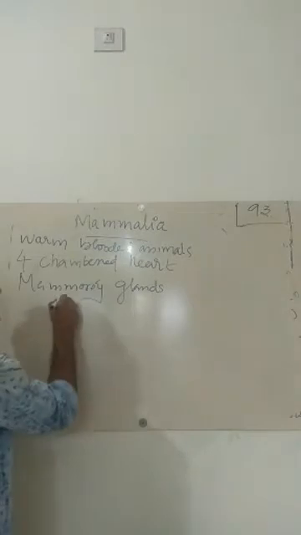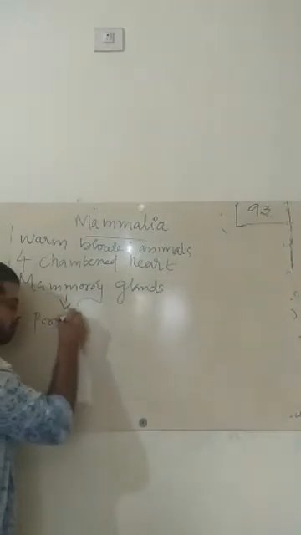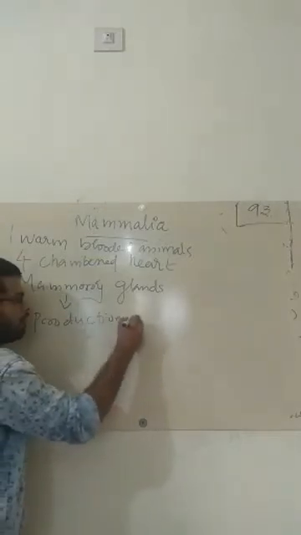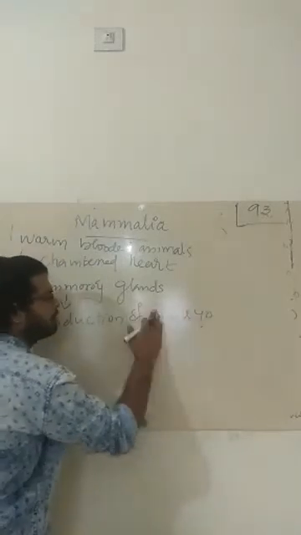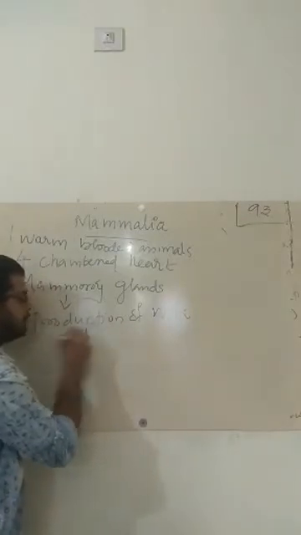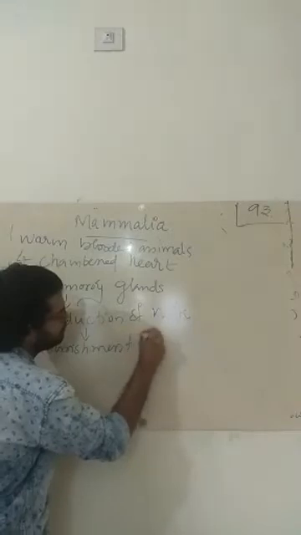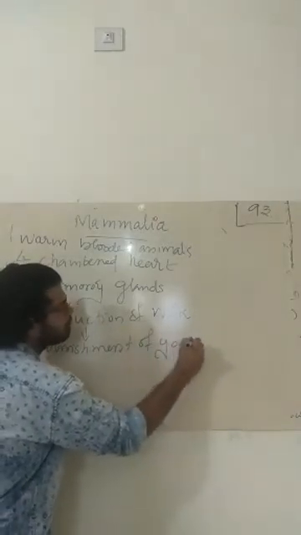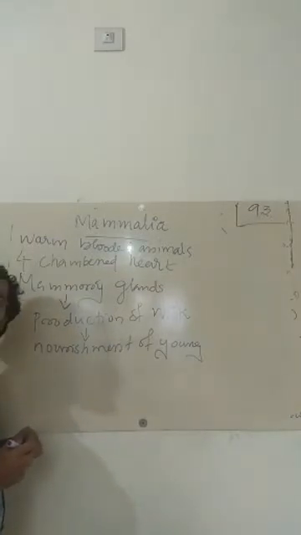Okay, and these mammary glands are used for the production of milk to nourish their young. Their main peculiarity is that their skin has hair as well as sweat and oil glands.